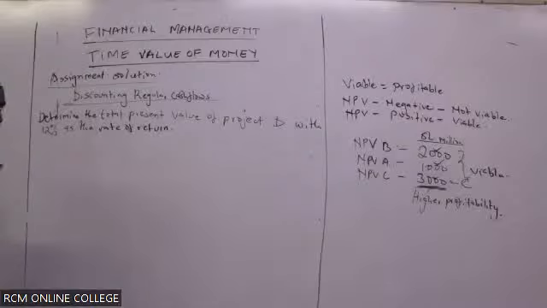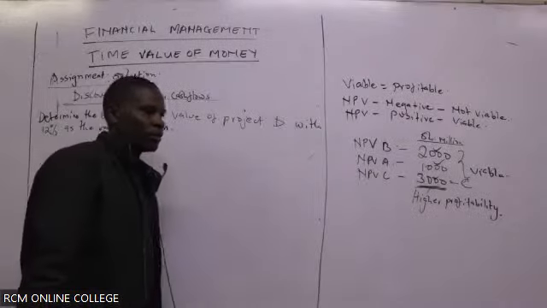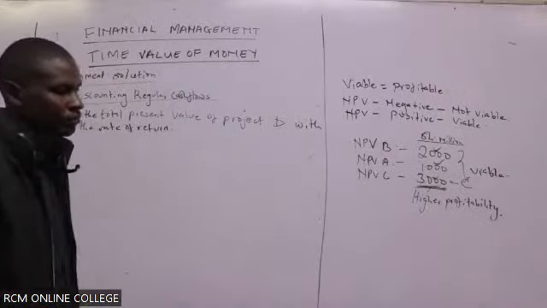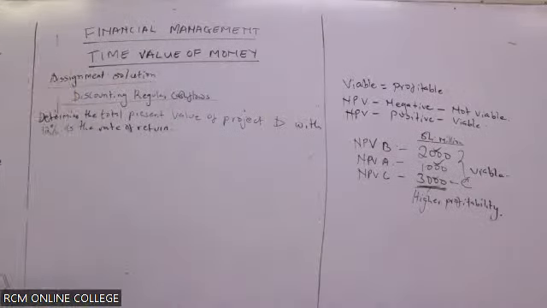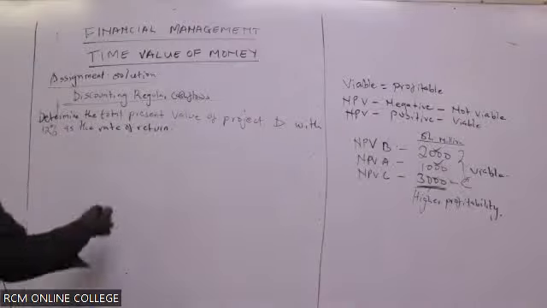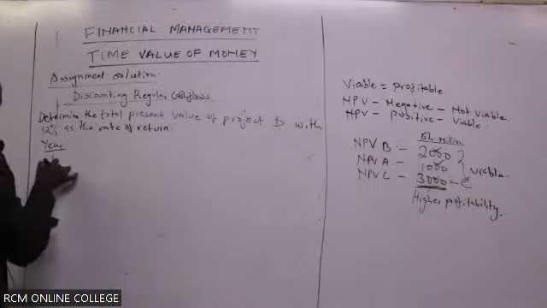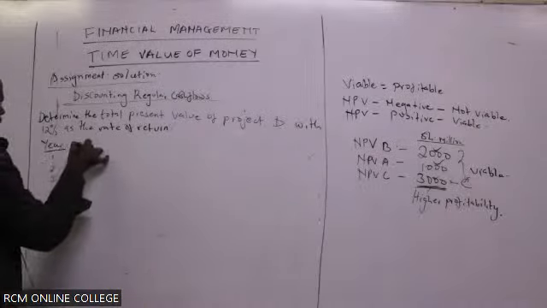The cash flow is equal here. So we have here 1, 2, 3 of cash flow.